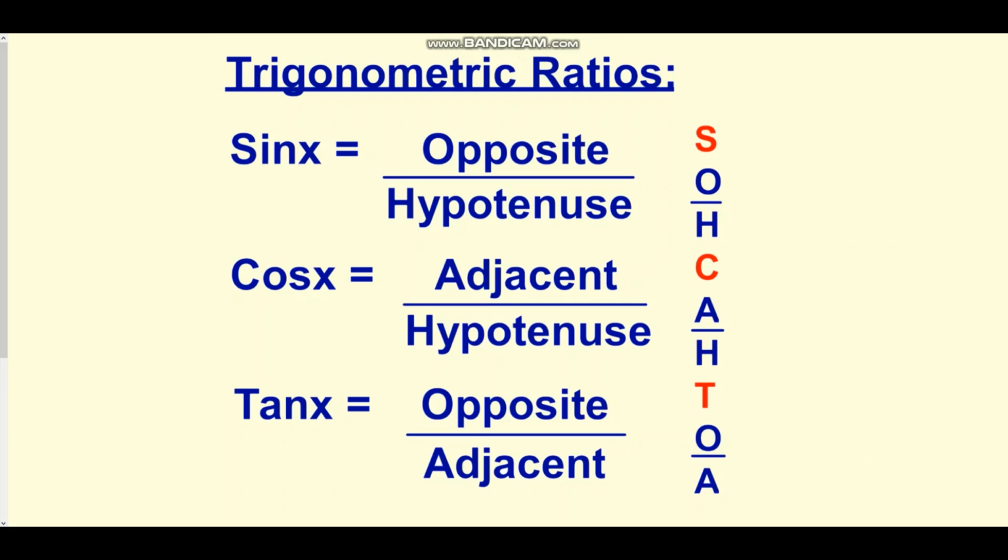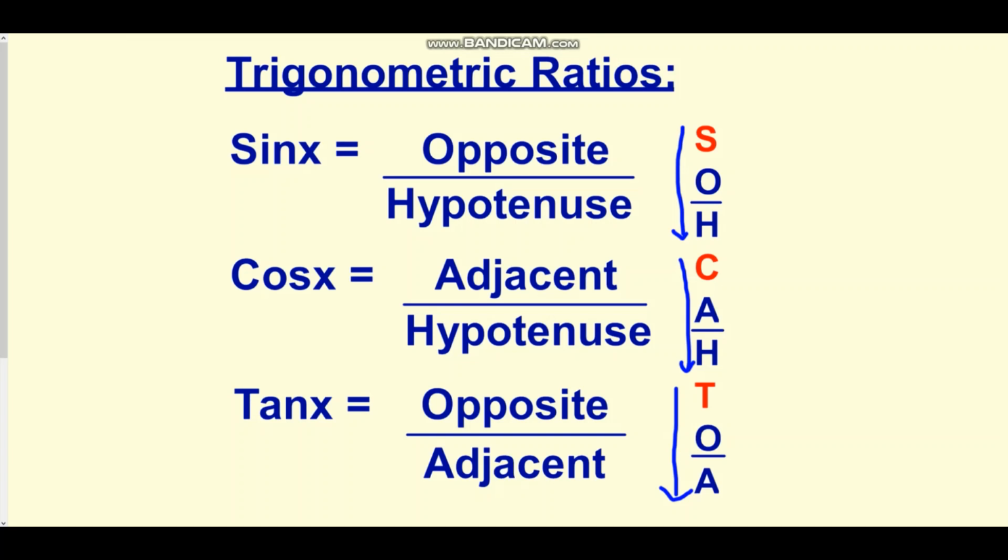Cos x is the adjacent side length divided by the hypotenuse side length. And tan x is the opposite side length divided by the adjacent side length. The way I like to remember that is with the mnemonic SOHCAHTOA. It's written down beside here. Sine is opposite over hypotenuse, cos is adjacent over hypotenuse, and tan is opposite over adjacent.